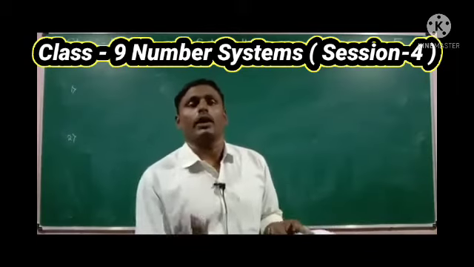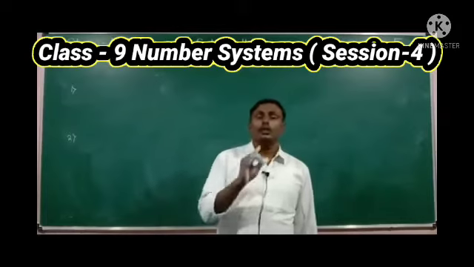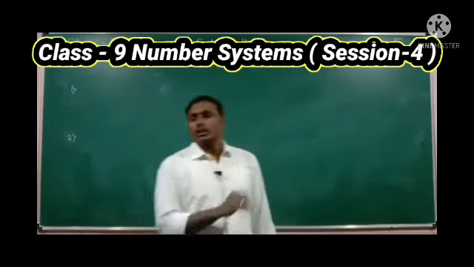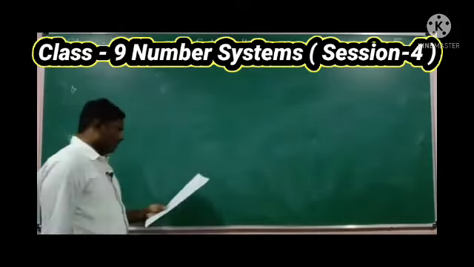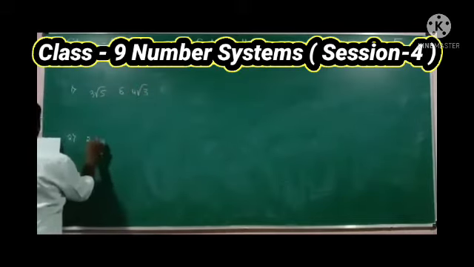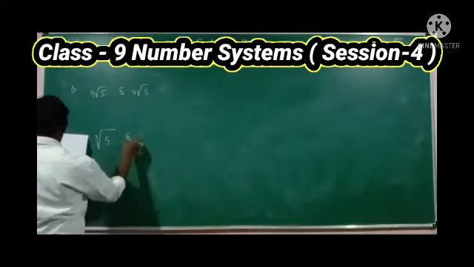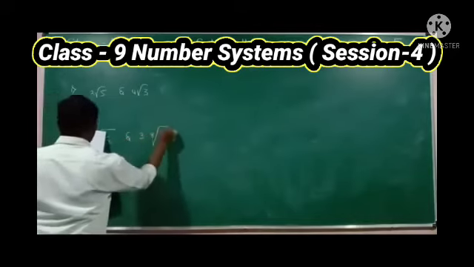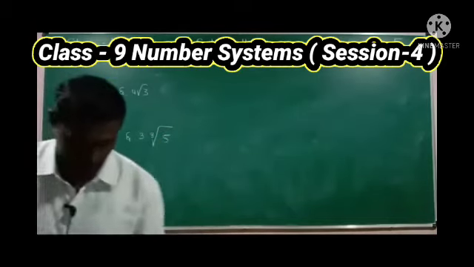Once you compare, then you can arrange them in ascending order or in descending order. Okay, see the first question, 3 root 5 and 4 root 3. Next one, 2 cube root of 5 and 3 cube root of 5. Okay, so these are some given questions.